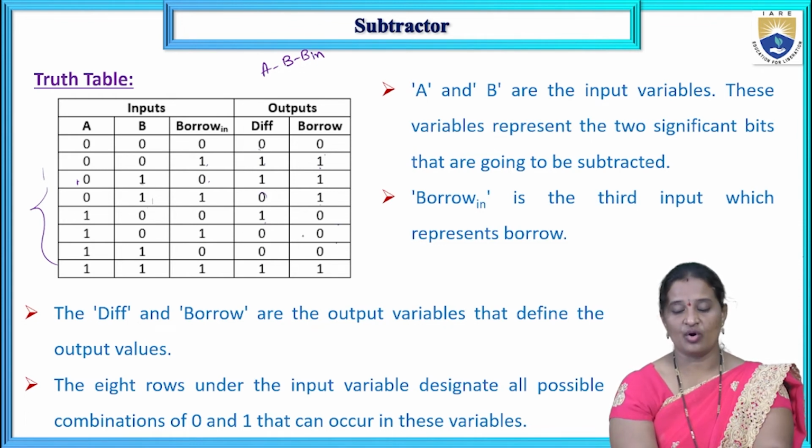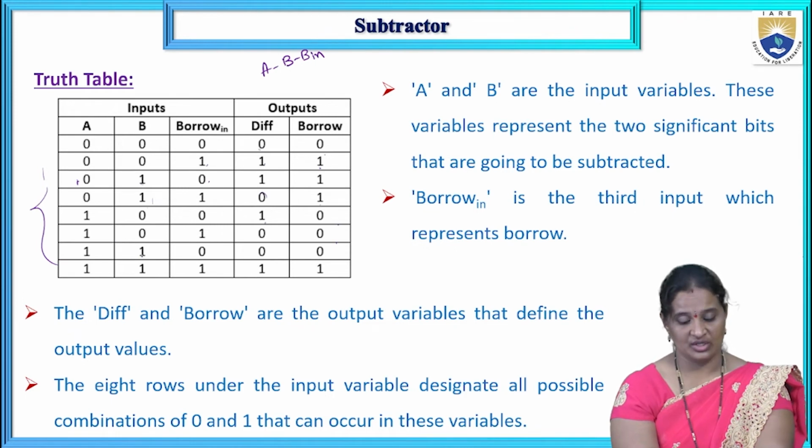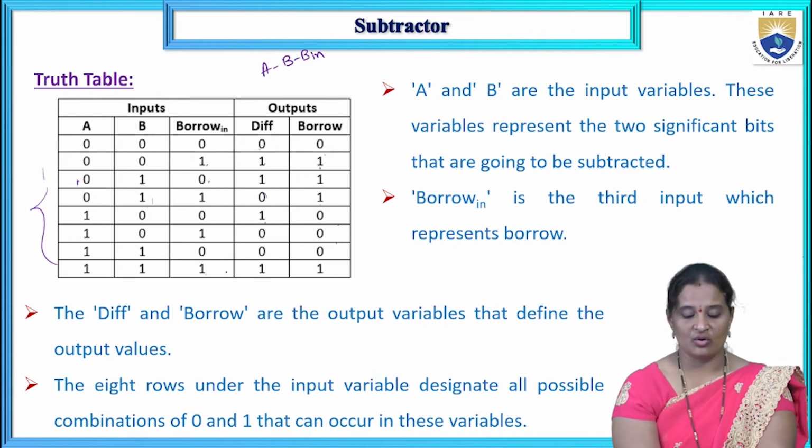So that is why difference is 0 and borrow is 1. Similarly 1, 0, 0: 1 minus 0 is 1, and the borrow is 0. Then 1, 0, 1: 1 minus 0 is 1, 1 minus 1 is 0. So borrow is 0 and difference is also 0. Then 1, 1, 0: 1 minus 1 is 0, 0 minus 0 is 0. So the difference is 0, borrow is 0. Then 1, 1, 1: 1 minus 1 is 0, 0 minus 1, so we cannot subtract 1 from 0. That is why we need to take borrow, so borrow output is 1 and difference output is 1. So this is the truth table.